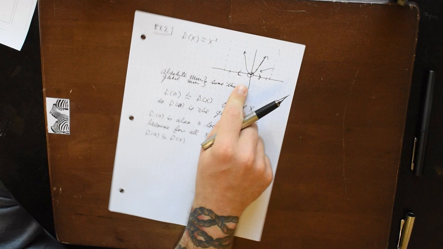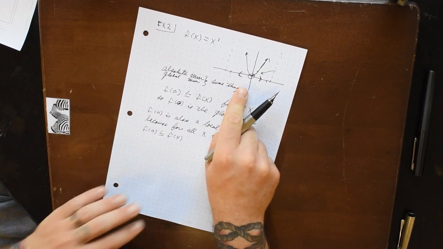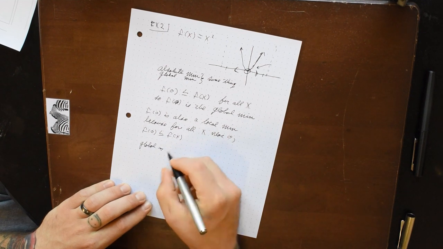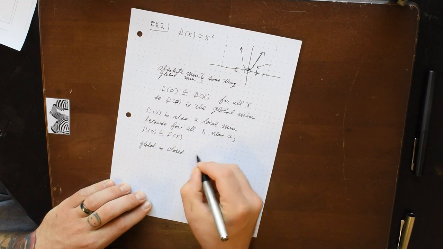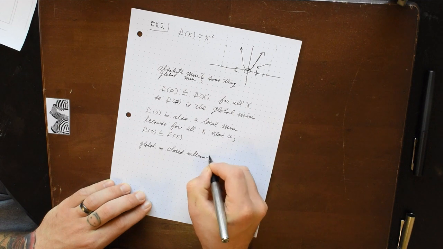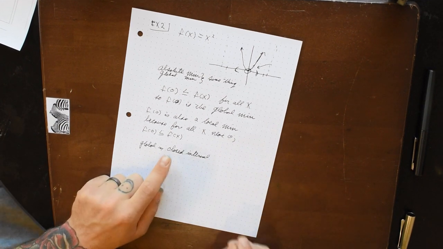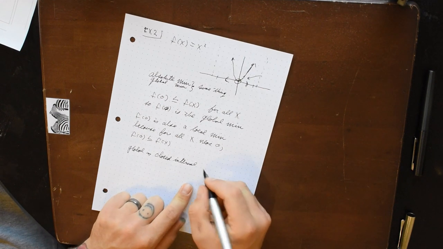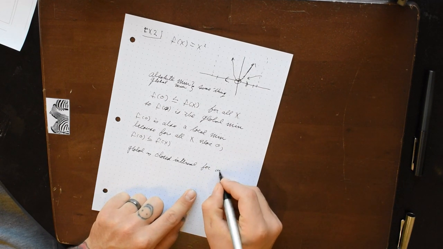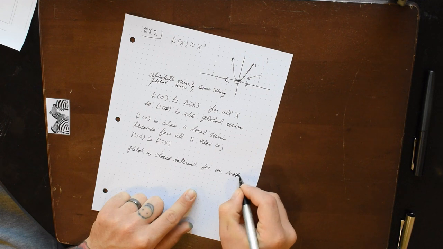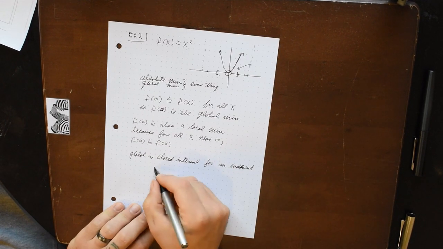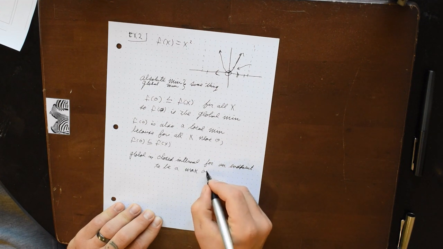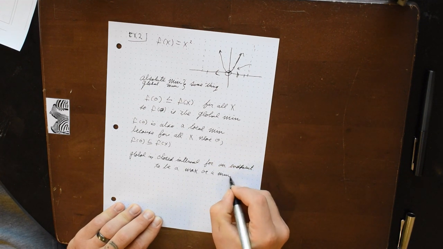So, globally, there isn't going to be a max. For a global, you need a closed interval. Let me say what I mean by that. For global, you need a closed interval for an endpoint to be a max or a min.